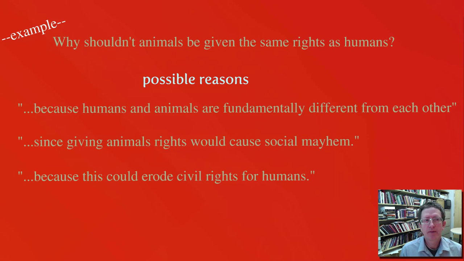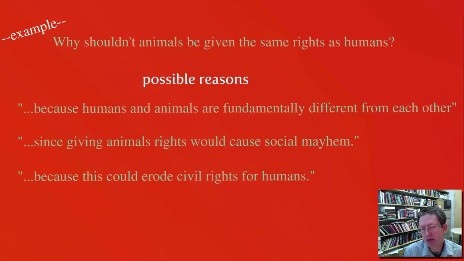So if I'm going to go with that policy claim of animals should not be given the same rights as humans, well, why? What are the possible reasons? Okay, I can think this through. Well, because humans and animals are fundamentally different from each other. Okay, that's pretty good. Since giving animal rights would cause social mayhem.